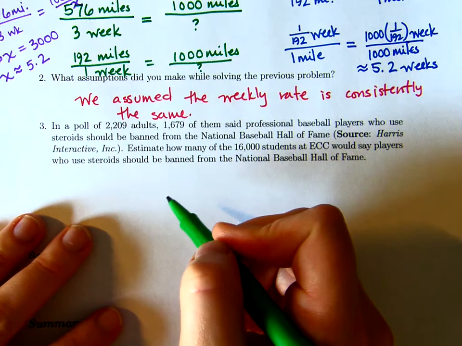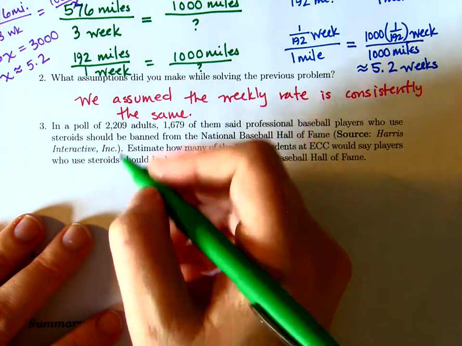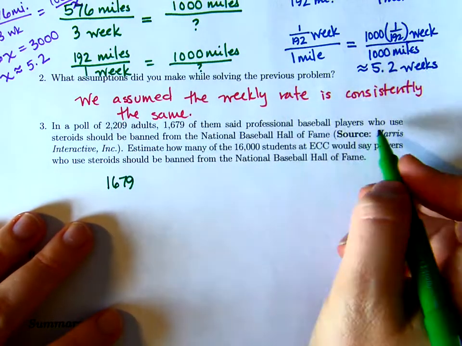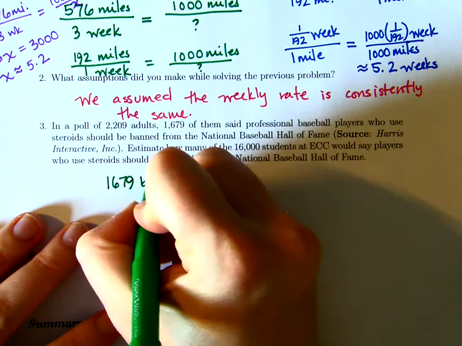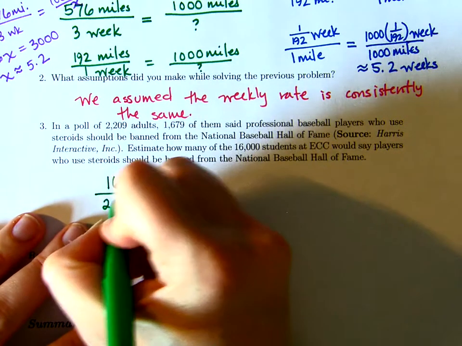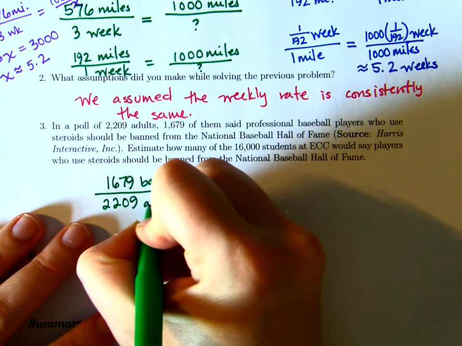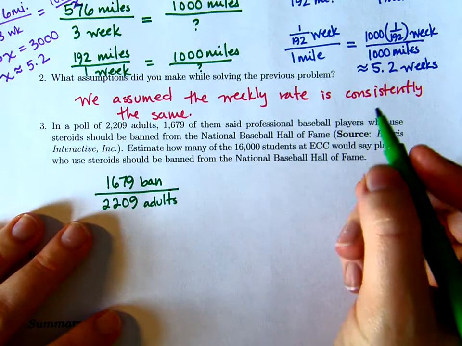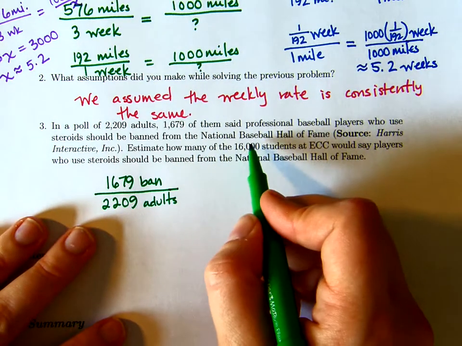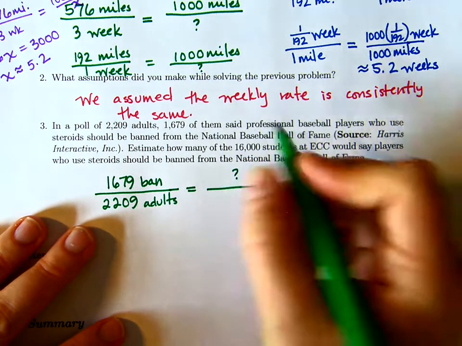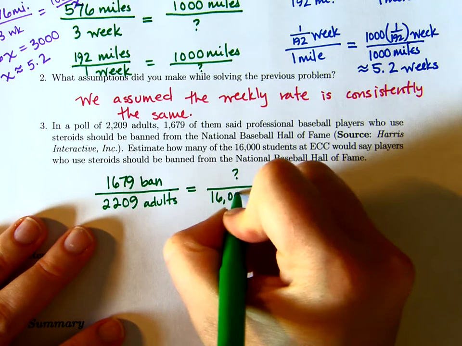So let's go like this. 1,679 banners out of 2,209 adults, okay? And we need to scale this up. So is equivalent to how many out of 16,000?